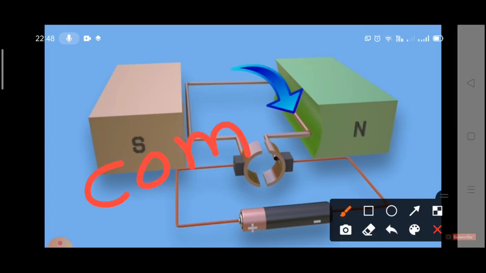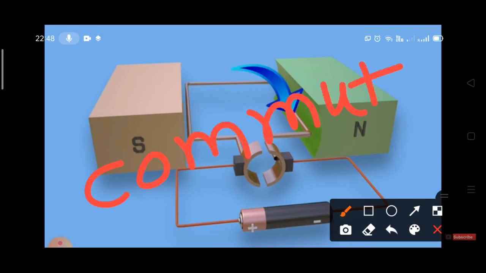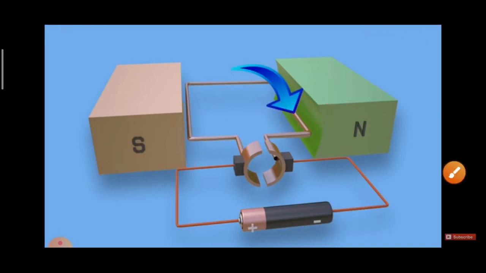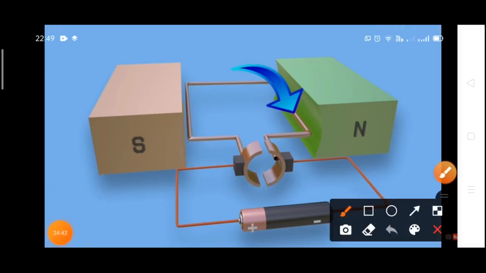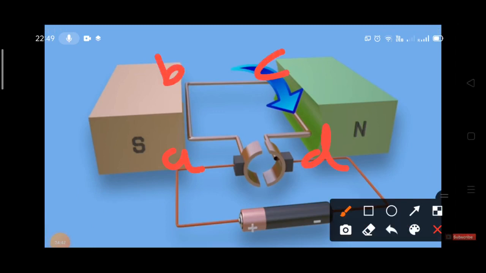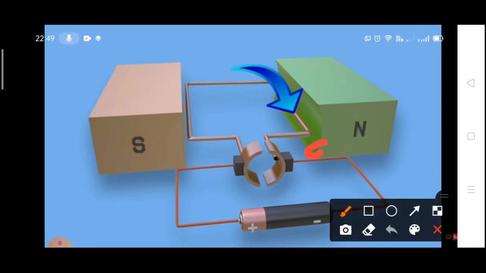This is a split ring commutator which is used to reverse the direction of current because now the different arms have different polarities.